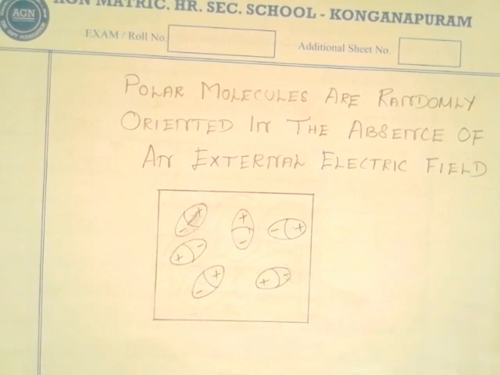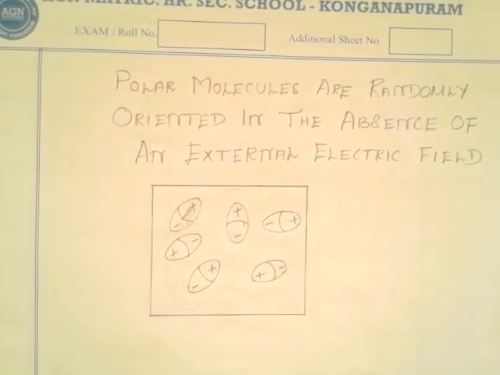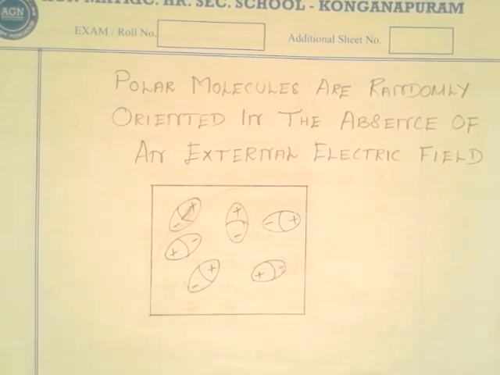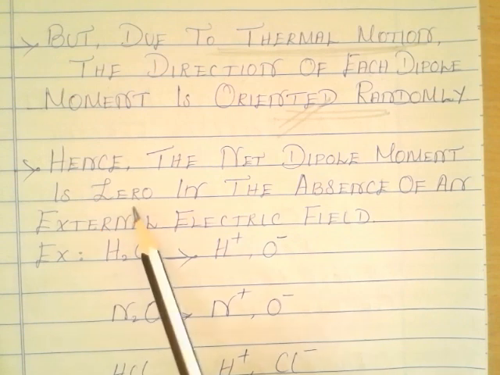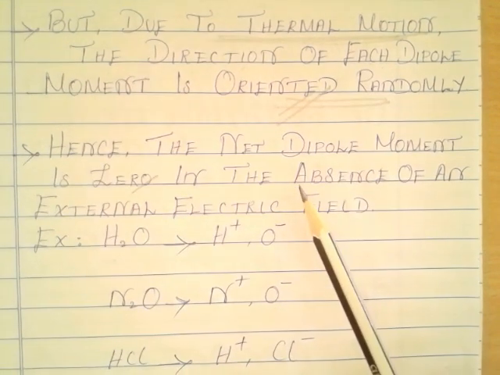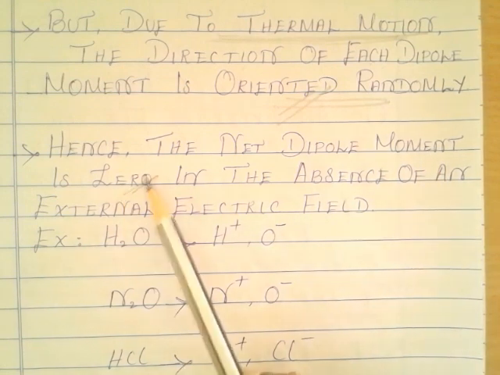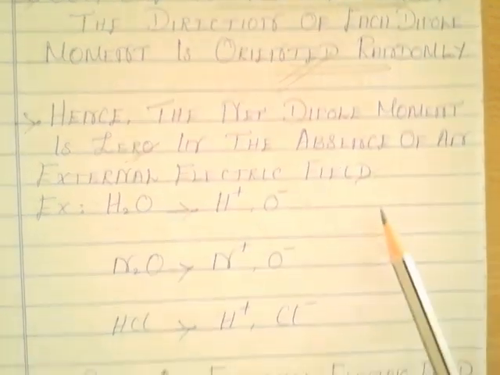That is why we say, in the absence of an external electric field, polar molecules are randomly oriented. Hence, the net dipole moment is zero. Directions of dipole moments are indefinite, so the net dipole moment is zero in the absence of an external electric field.